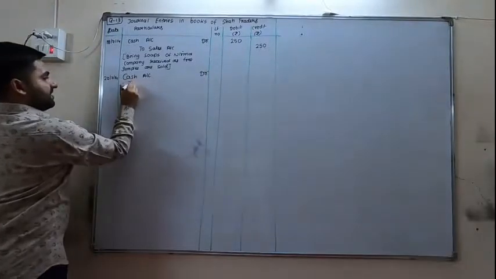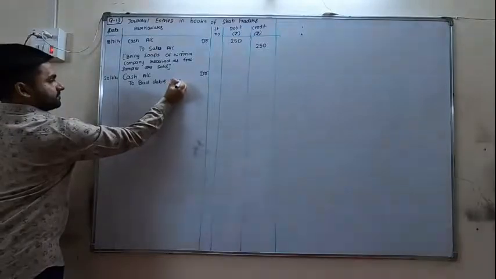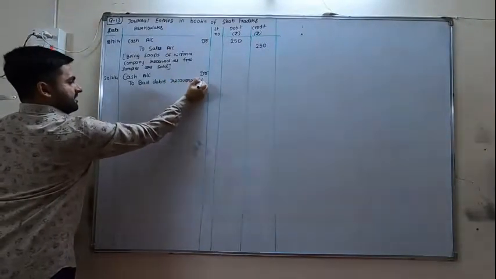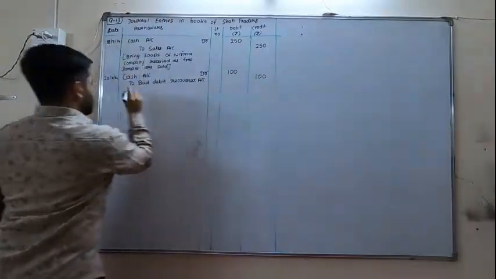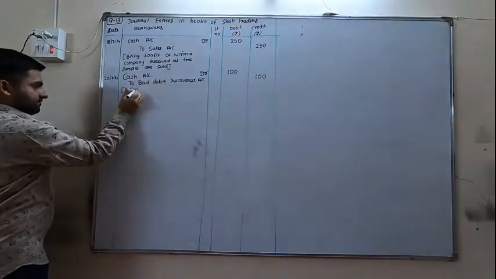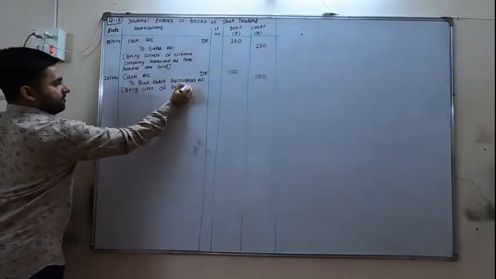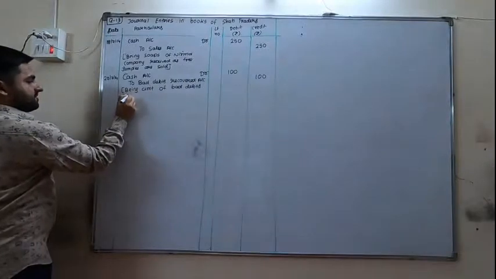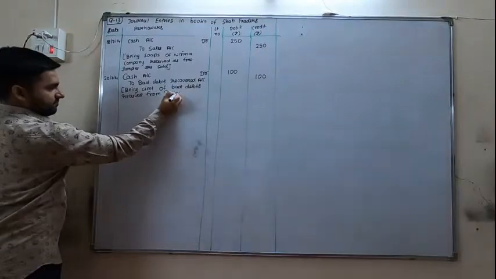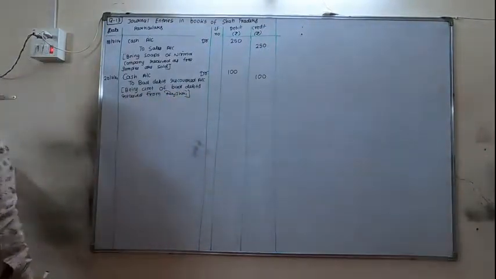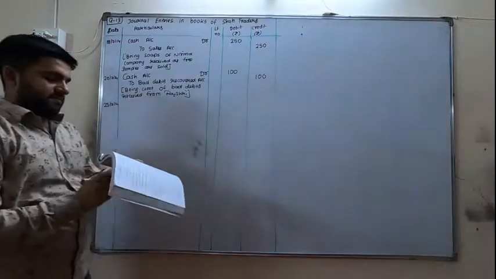Cash account debit to bad debts recovered account 100. Being amount of bad debts received from Rajshri.